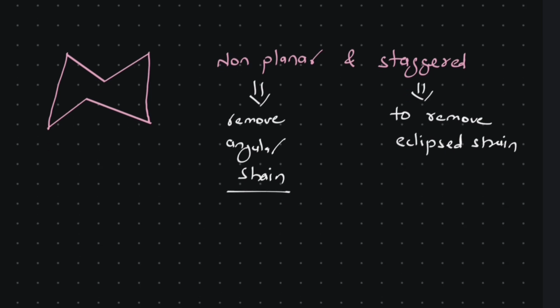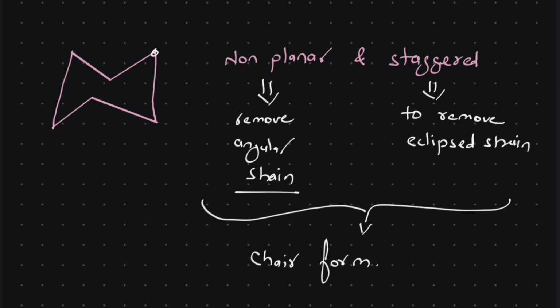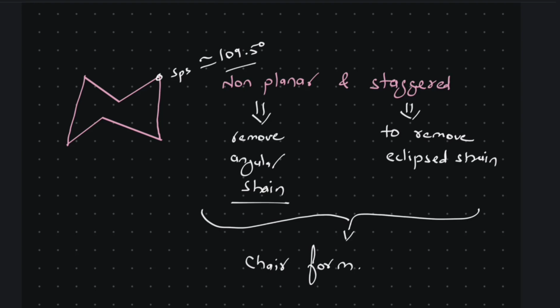That means it will get the chair form. See in this structure, the carbon is sp3 hybridized and the bond angle is approximately 109.5 degrees. It gets the target 109.5 degree angle.